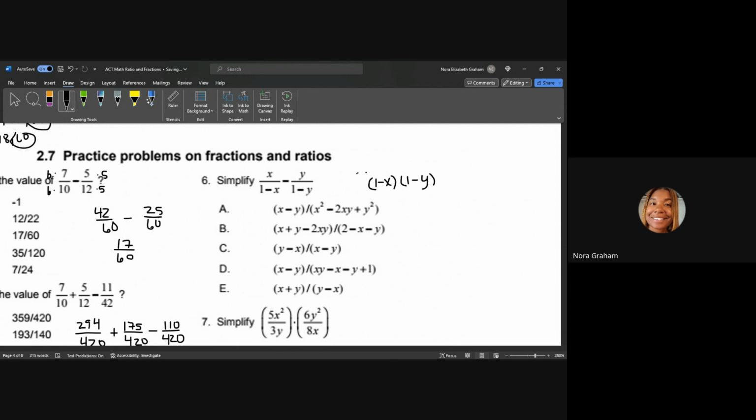And then on the top, I just have to subtract when I cross multiply, right? So when I cross multiply this, I have y multiplied by 1 minus x.